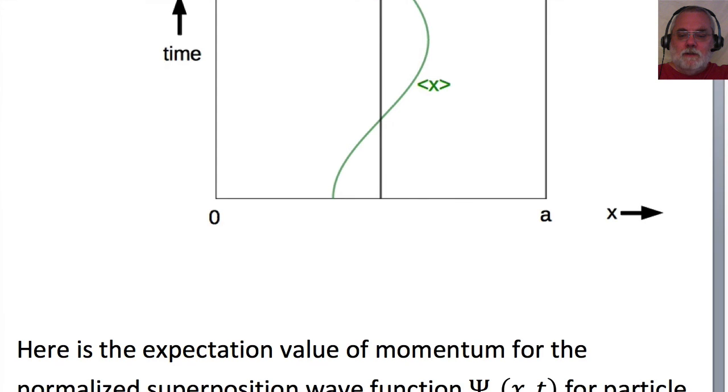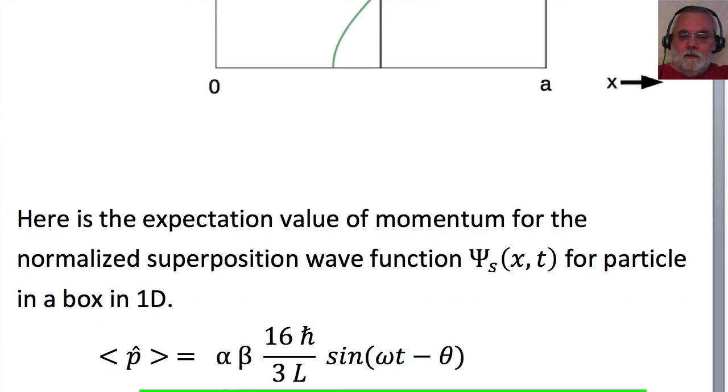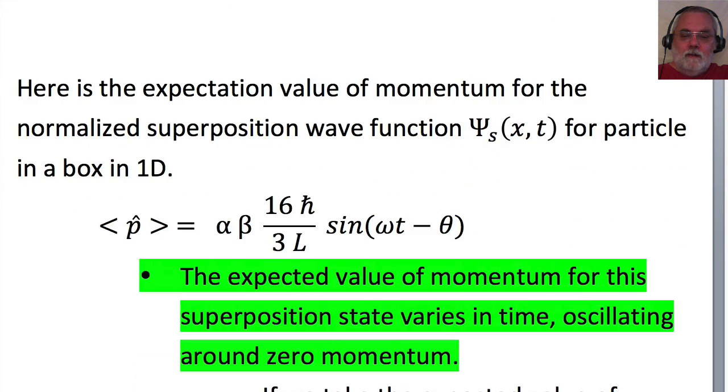Now momentum is also an observable, and we have a formula for the momentum operator, and we can plug it into the expectation value formula, and we can crank the math, which in this case would require a little calculus, and we get the following.